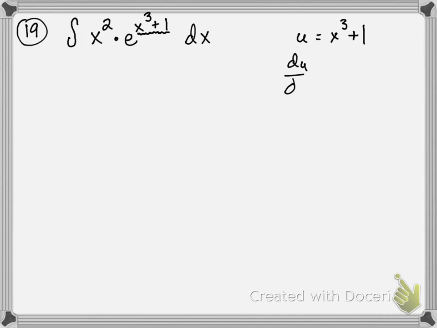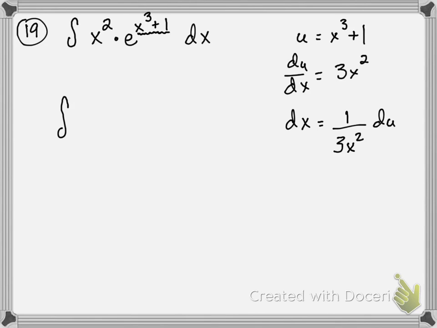All right, du dx is now 3x squared, and the 1 goes away. Nice. So we flip this thing around: dx is 1 over 3x squared du. So now we do have something that cancels.